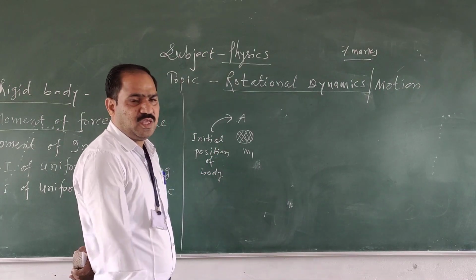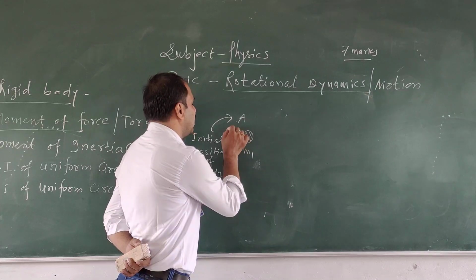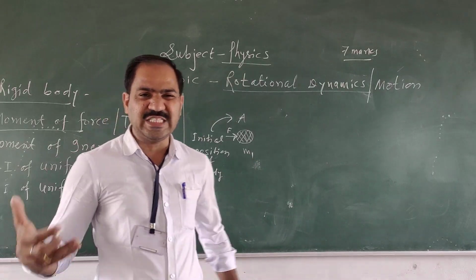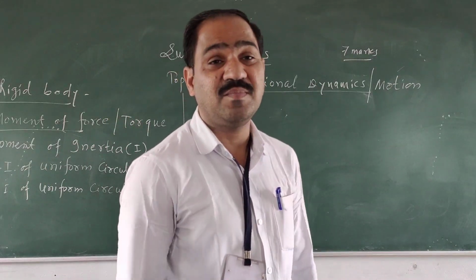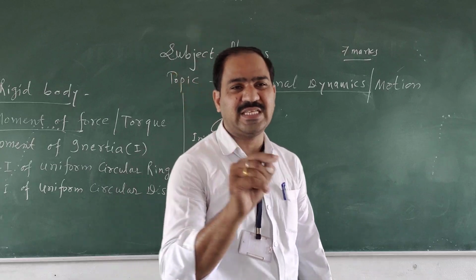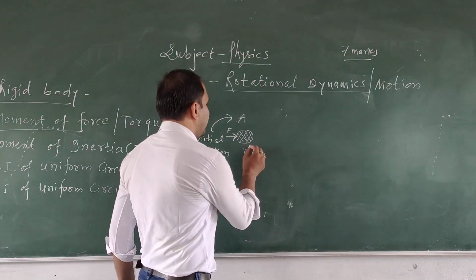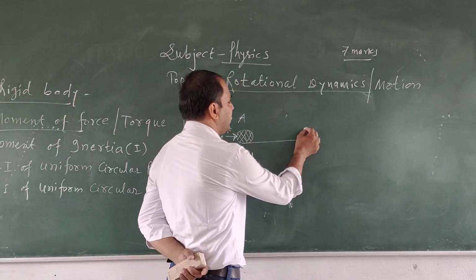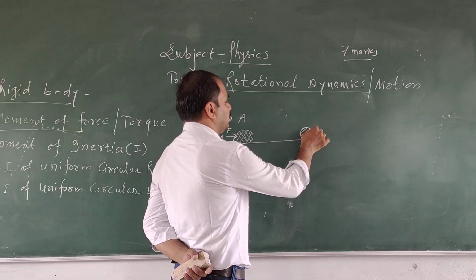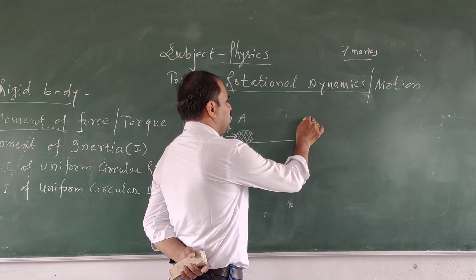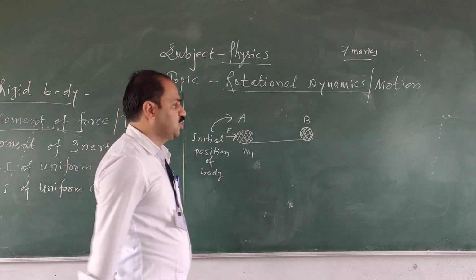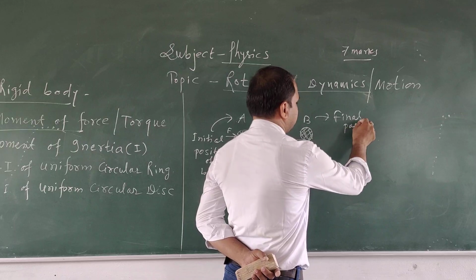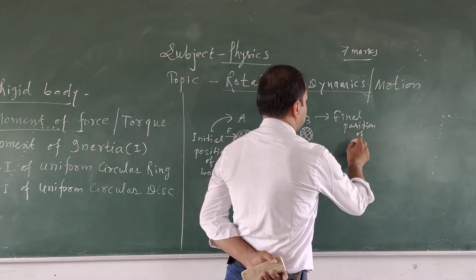And suppose the force is applied in this direction at the point A over this body, then the body will be displaced due to the application of the external force. Then the body will move from point A, meaning from the initial position, to the final position, suppose B. This B is called the final position of the body.